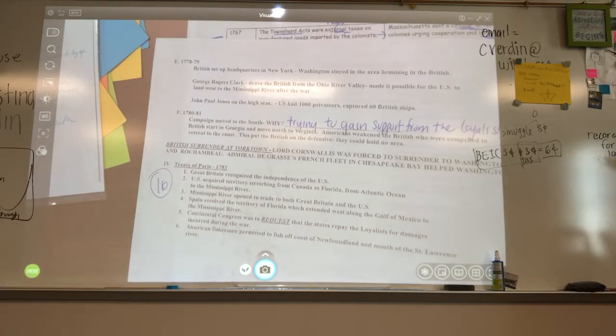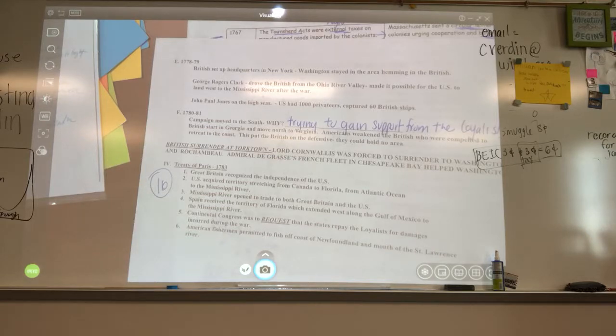They're outside in the Chesapeake Bay preventing the British from sending in reinforcements. Does Cornwallis need those reinforcements? Because he had a bad game plan, he went to Georgia to get the loyalists and march all the way up, and now they're all tired. So in the Battle of Yorktown, Cornwallis is gonna have to surrender because his troops are what? Tired. Because they did the wrong game plan trying to get the loyalists over.